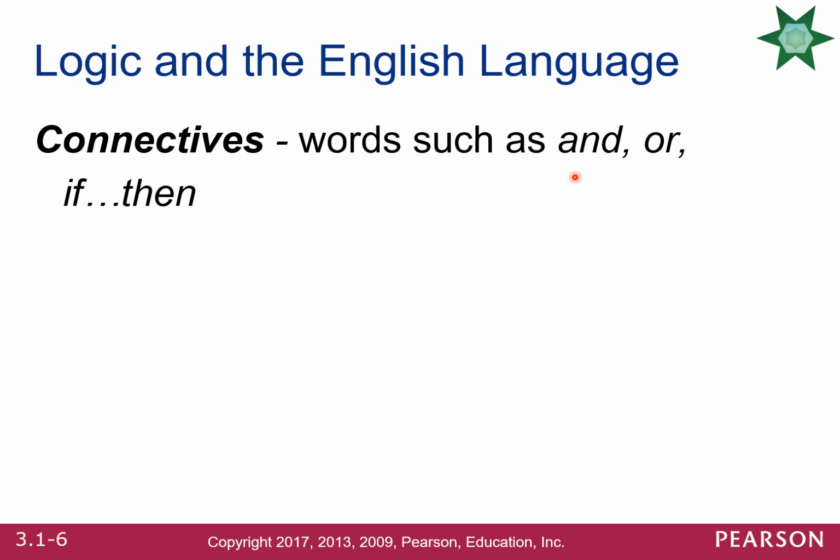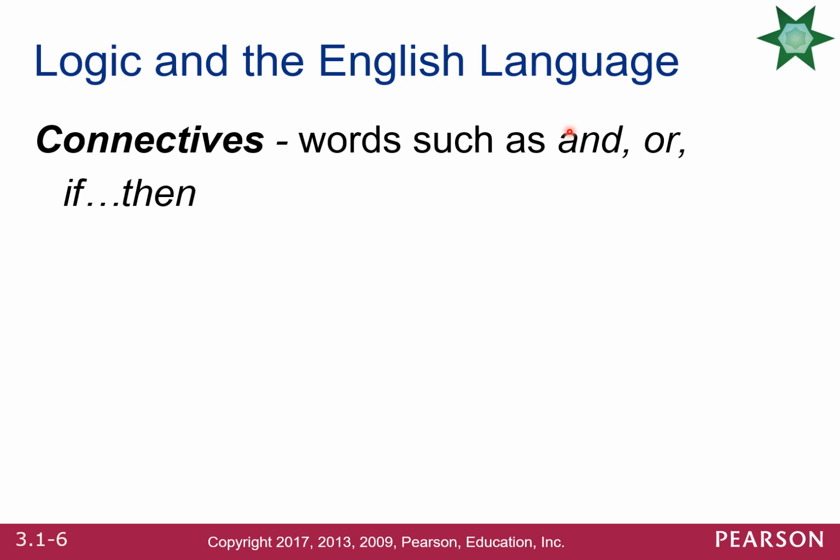Connectives are words that help to join different thoughts together, to connect different thoughts together. For example, if I say that I will wake up in the morning and go to work, that's two different ideas: getting up in the morning and going to work.